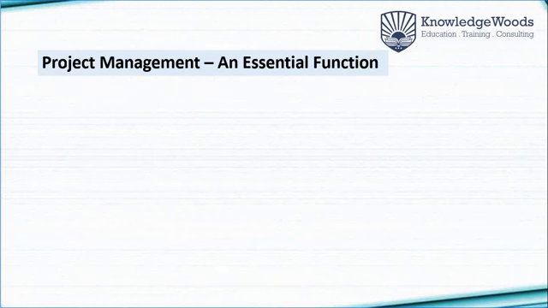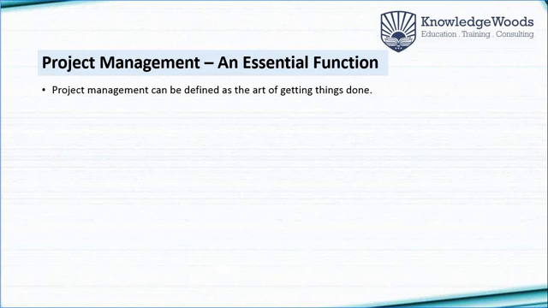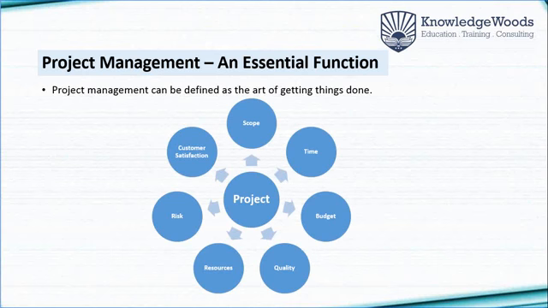As you know, organizations nowadays are heavily investing in projects to meet their strategic objectives. They are investing in various project management trainings, and they are getting certified project managers on board. That makes project management a very essential function when it comes to meeting the strategic objectives of an organization. Because project management ensures that you not only deliver the projects on time, but deliver them within all defined constraints.